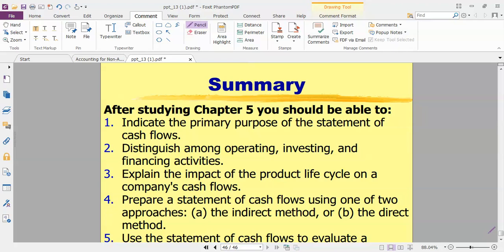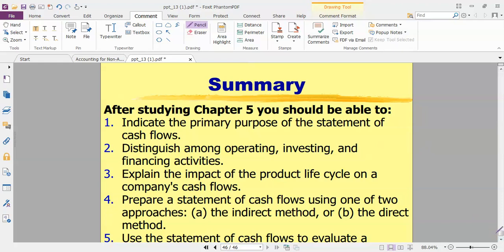And then explain the impact of the product life cycle on a company's cash flow. You can remember there are 4 phases of the product life cycle: introductory, growing, matured, and also decline. So what is the relationship between the product life cycle and the cash flows of the company?